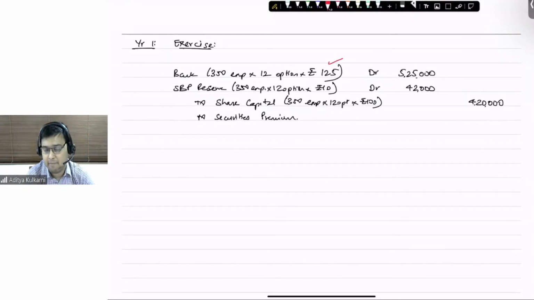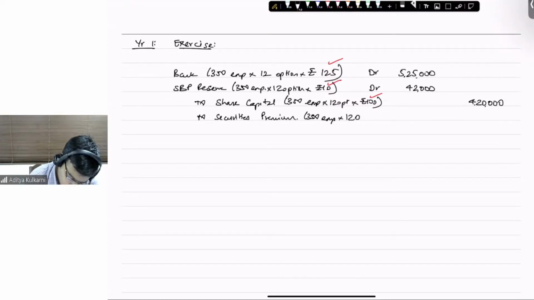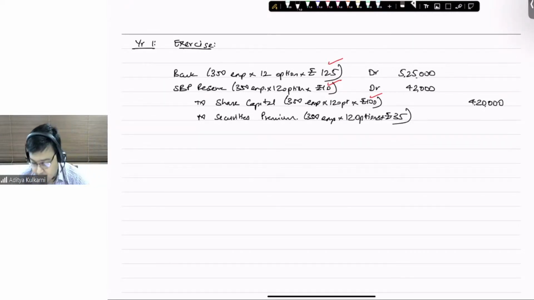125 is what the employee has paid. 10 rupees is the SBP reserve per share, the fair value. So total fair value is 135. Out of that, 100 has gone into your equity capital. So 35 is remaining for securities premium. 350 employees into 12 options into rupees 35.